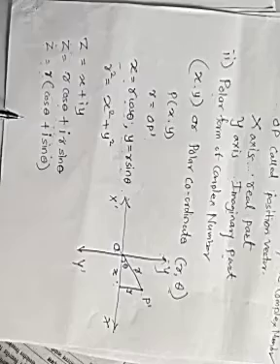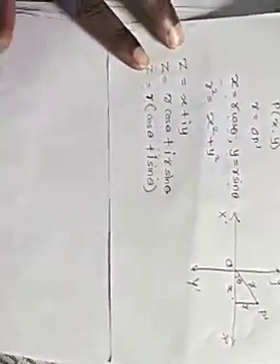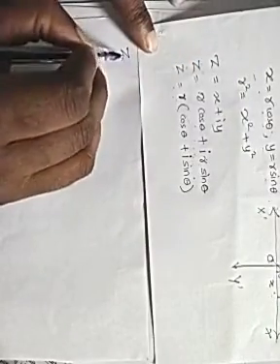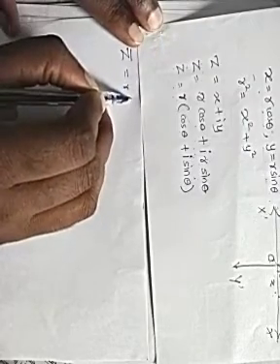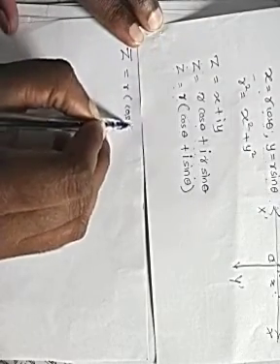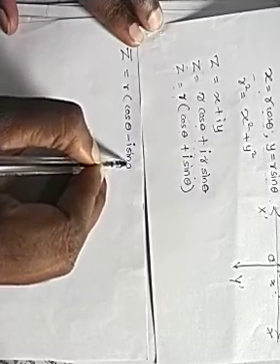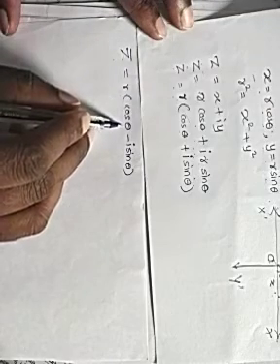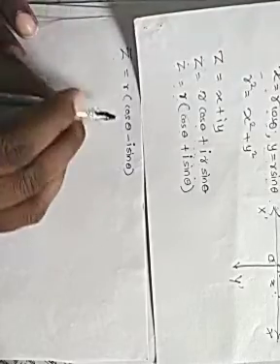So we can find the complex conjugate of the same equation. The complex conjugate z bar is equal to r times cos theta minus i sin theta.